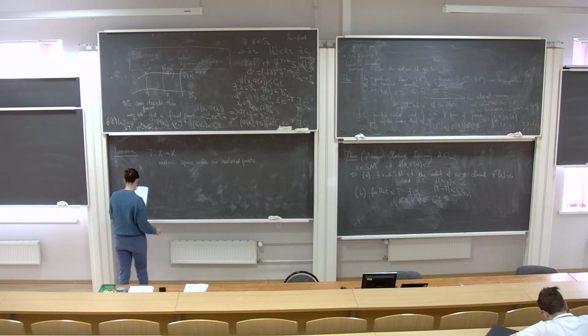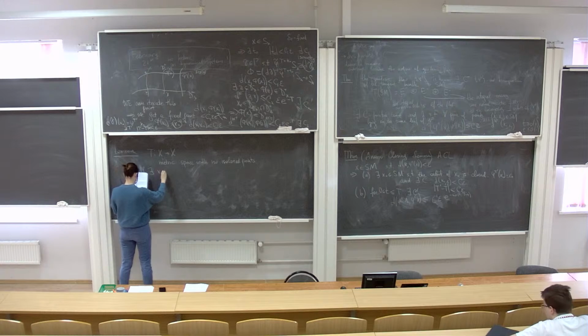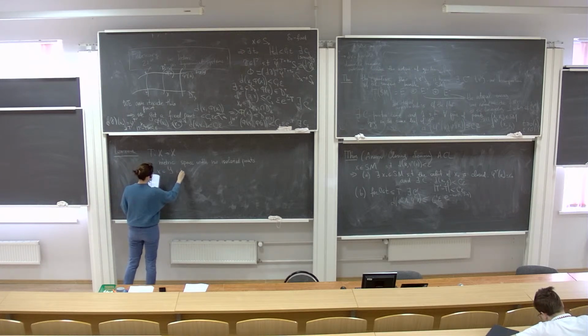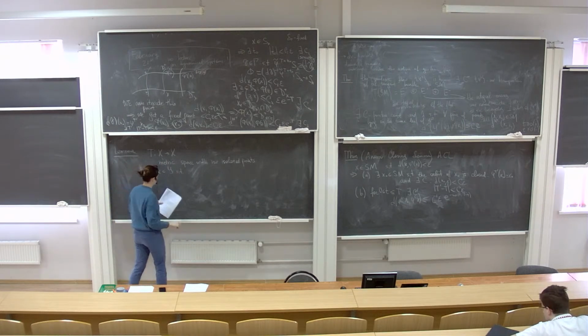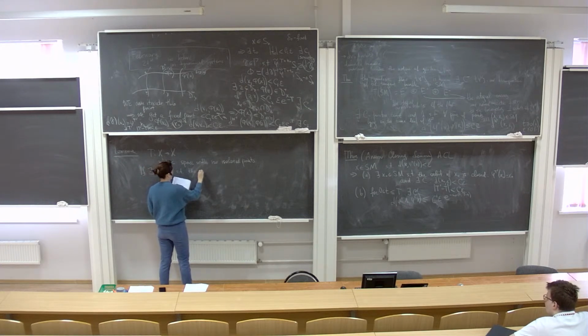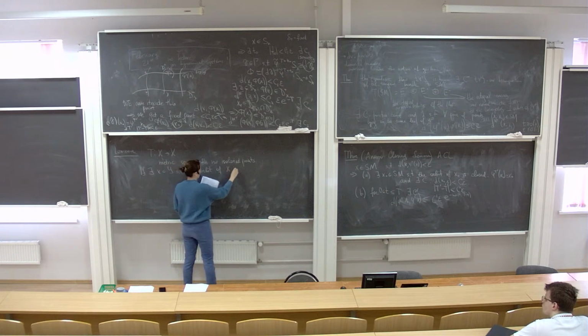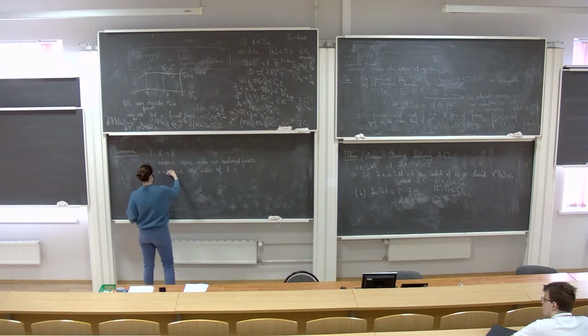So if there is a point x such that the orbit of this point is dense, sorry, it's X, you're right.